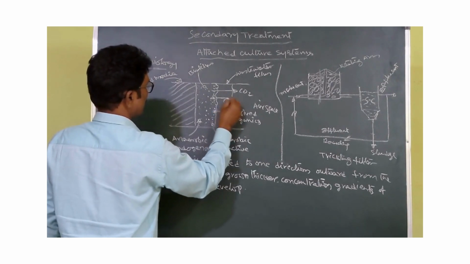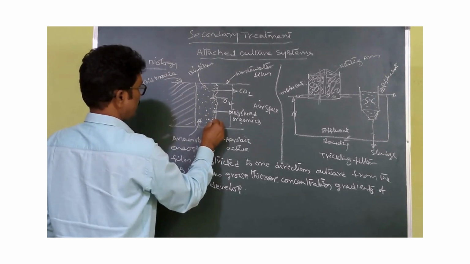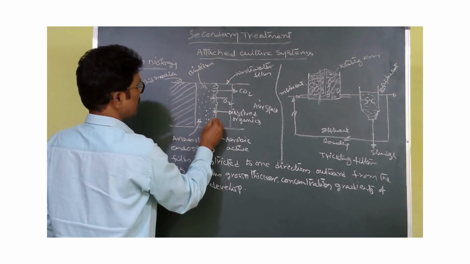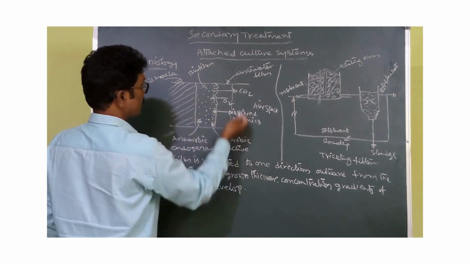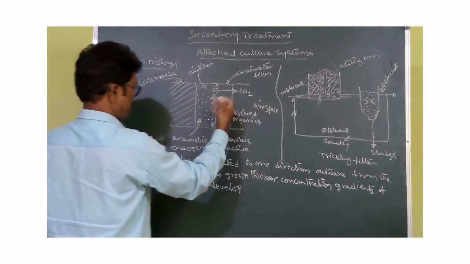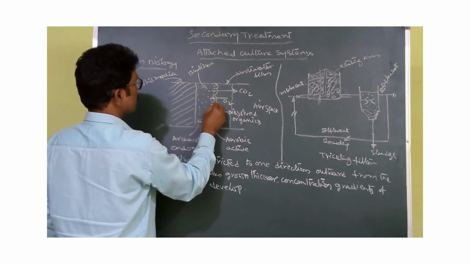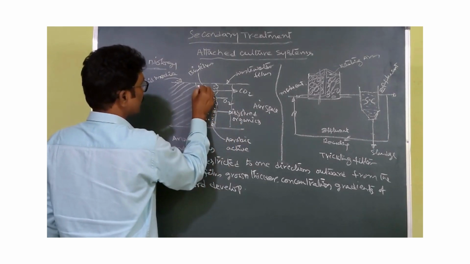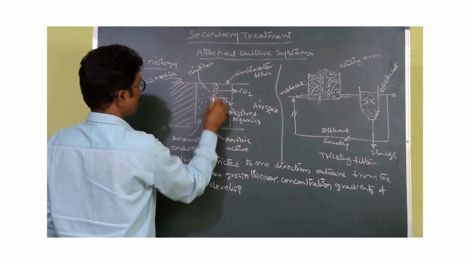So here this mechanism is taking place. Organic matter plus dissolved oxygen plus microorganisms give carbon dioxide, because it is an aerobic process, plus H2O and new cell reproduction. Because of the new cell reproduction, the biofilm is increasing.